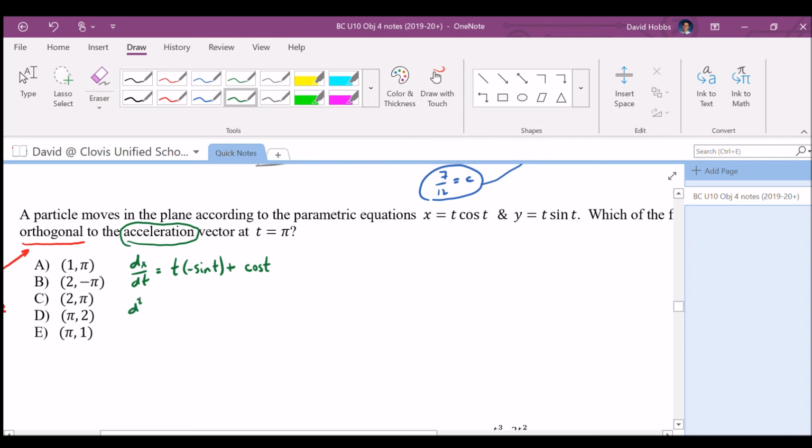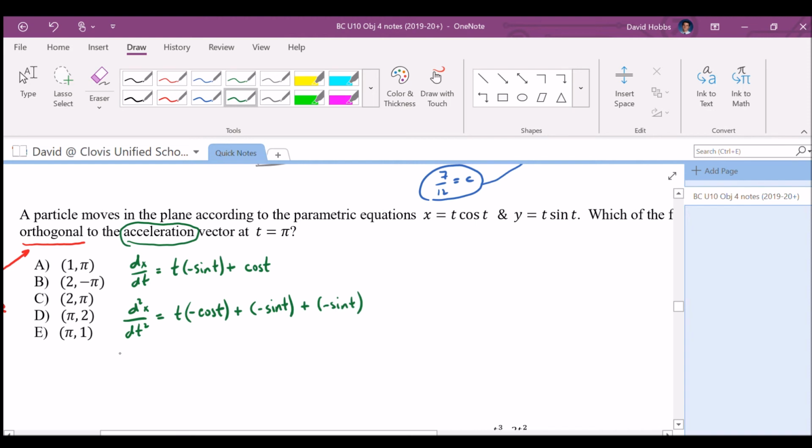And the second derivative of x with respect to time, product rule here again, so I've got first times derivative of negative sine t, which is negative cosine t, plus the second, which is negative sine t, times the derivative of the first, which is 1, plus the derivative of cosine t, which is negative sine t.